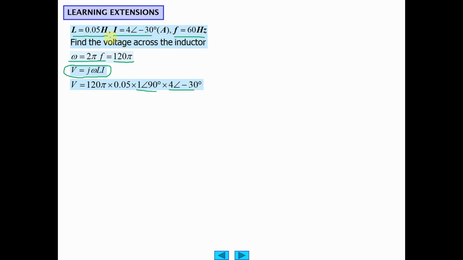The current in the phasor notation was given up here as this, and then you multiply the leading factors, the amplitudes. And here's j omega right there, and then L right there. So we can run the calculations. 90 minus 30 is 60 degrees. V is at a phase angle of 60. Current is at a phase angle of negative 30 degrees.